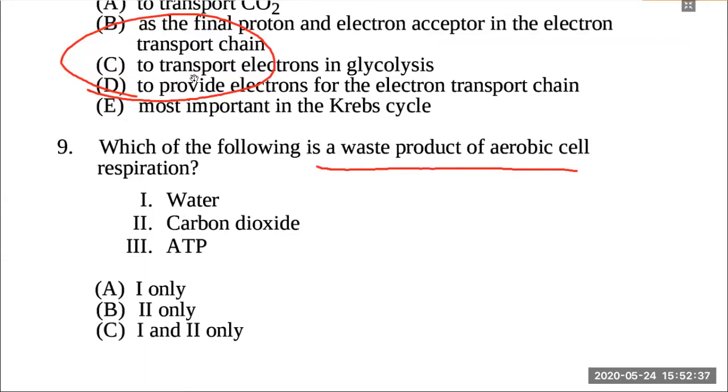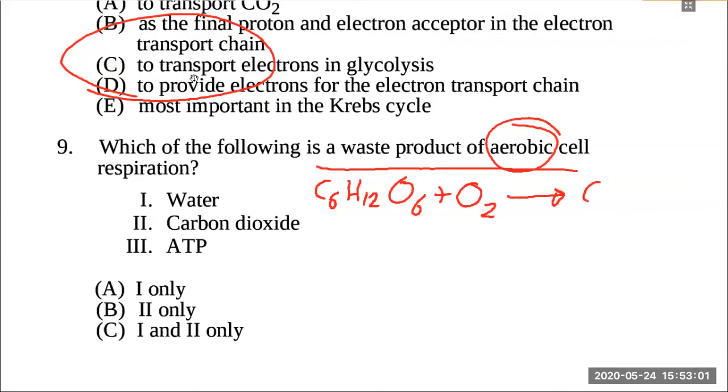We know the chemical equation of cell respiration, in which we have a glucose molecule, C6H12O6, plus oxygen, because we need oxygen for this process, as we say, aerobic. It will produce CO2 plus H2O.